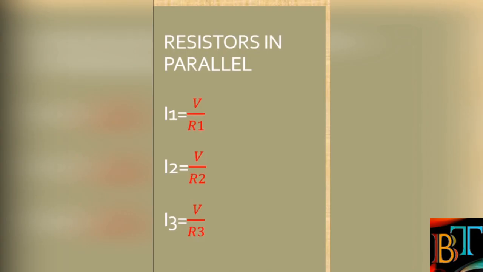Now the current in resistor 1 is I1, which is equal to V by R1. Since voltage across each resistor is the same, we can take it as V. Similarly, current through resistor R2 is I2, which is equal to V by R2, and that of R3 is I3, which is V by R3.